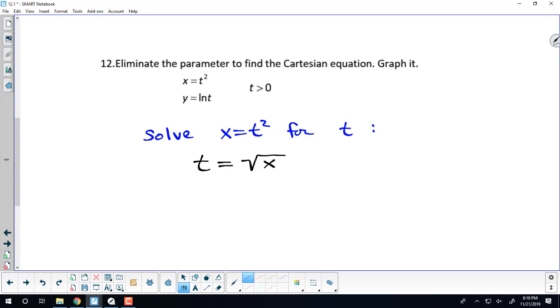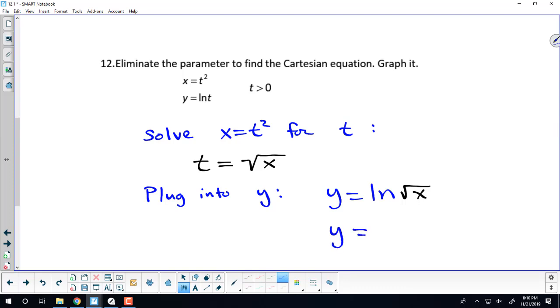So we just have a single representation for t as the square root of x, and then we're plugging that in to y. So y is the natural log of the square root of x. And I think it might be a little bit more beneficial for graphing to say that's the same thing as 1/2 times the natural log of x.